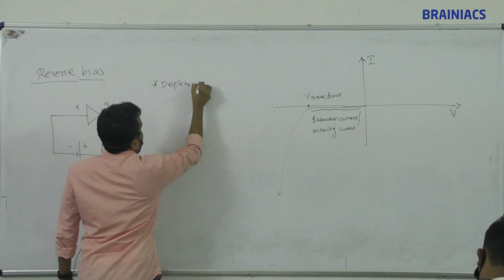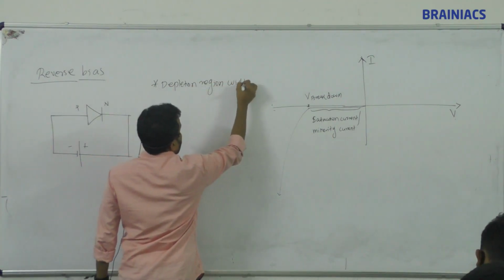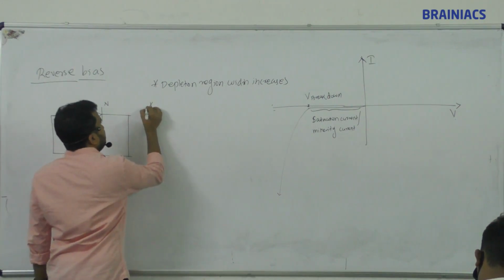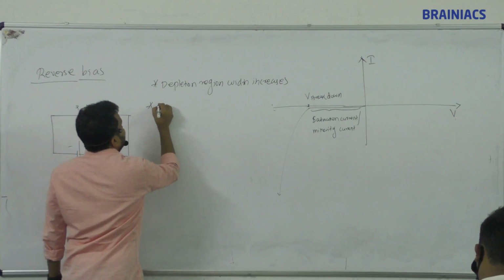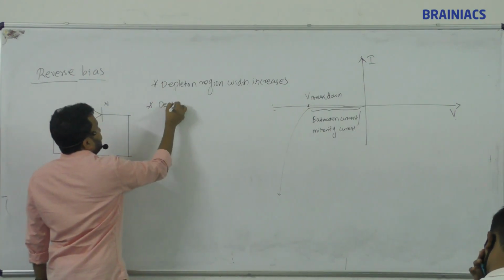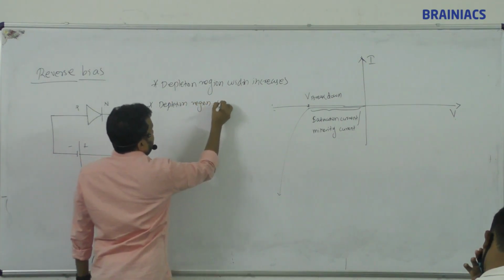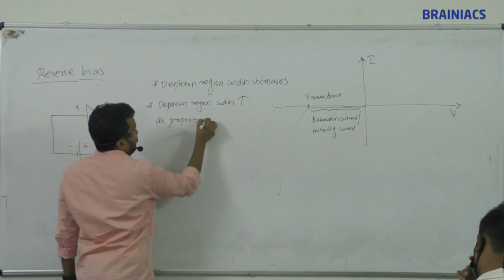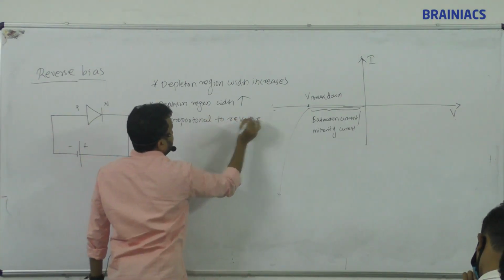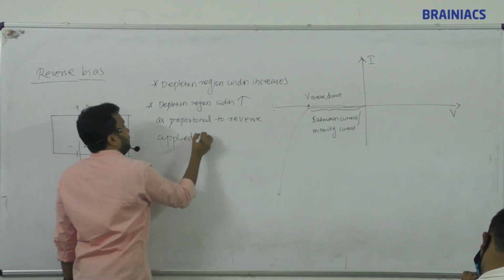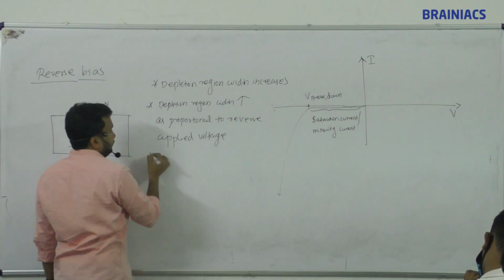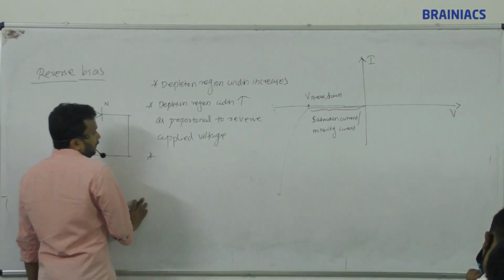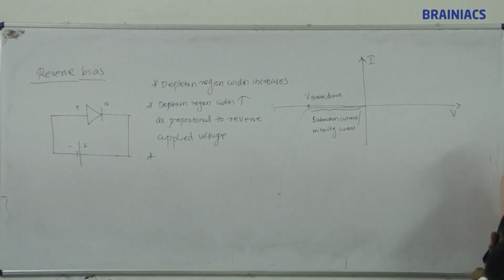Depletion region width increases proportional to the reverse applied voltage.